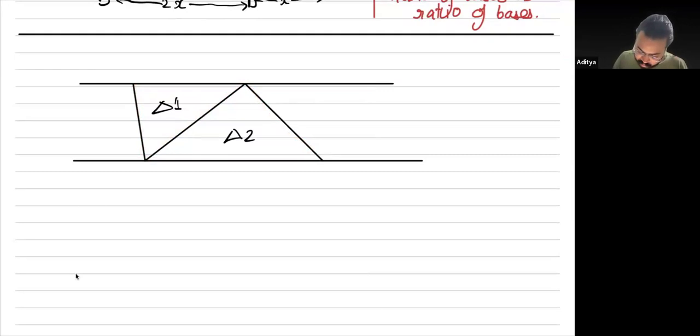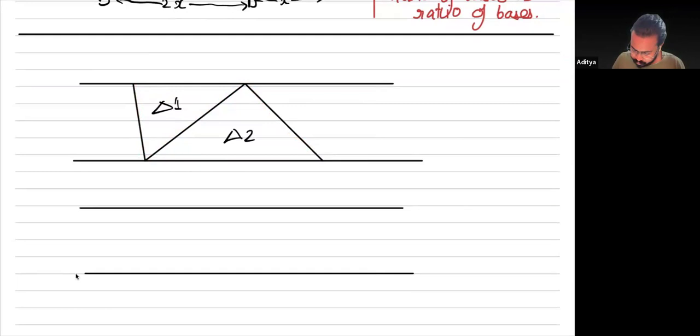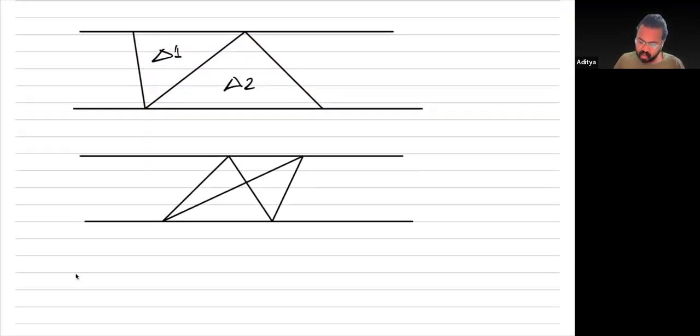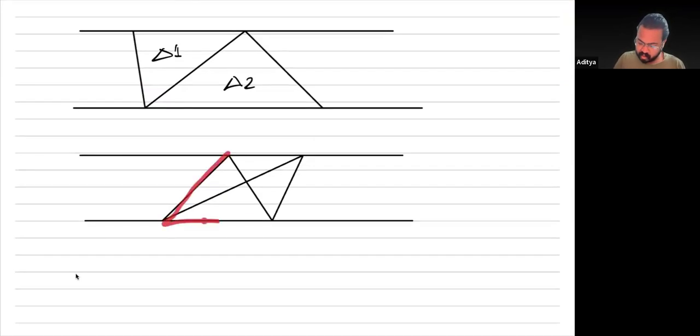You have another setup where you could possibly make the triangles like this. Here they share the common base, so they are going to have the same area regardless of where this vertex is, because the height is always the same for any of these triangles.